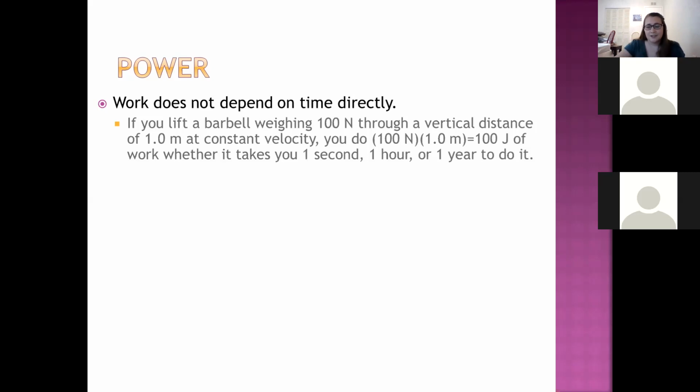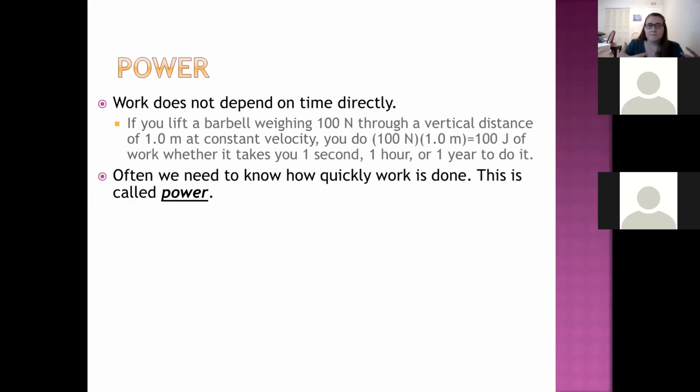Yay, go you. Of course, your power is not the same. You're not exerting the same amount of work each second that bodybuilder would do. So usually we want to know how quickly that work is done, and that idea, that rate of work, is called power.